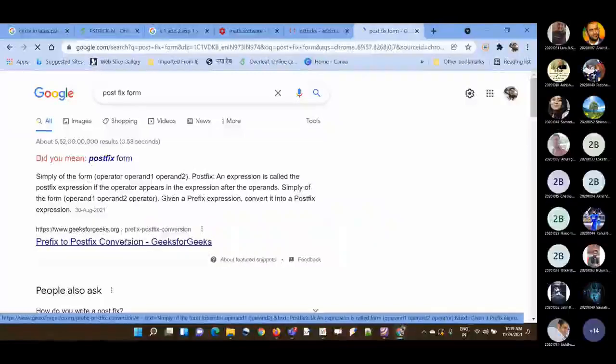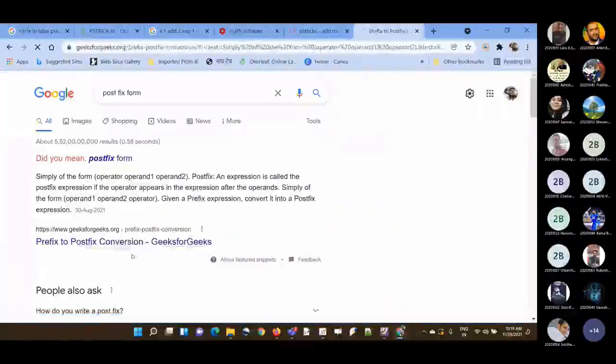I think this website may be useful to you. They have explained how you can write postfix, with numerous examples. Maybe this website or somewhere else. They don't have much, I think. There is some website, I think. This one.